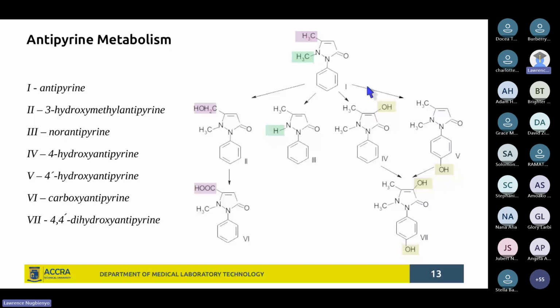And then the last arrow, the 4th arrow at the top there, the compound number 5, which is formed. I have shaded this hydroxyl group on the second ring below.